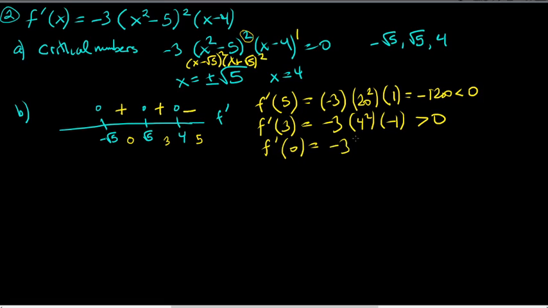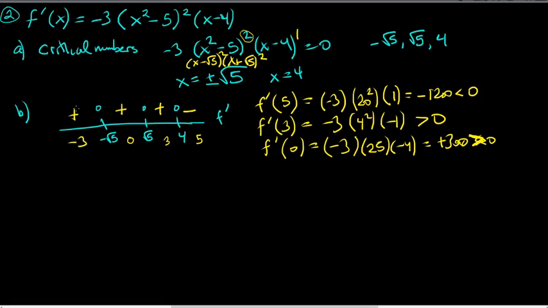But officially, it's negative 3 times 25 times negative 4. So I think that's negative 300, but it is positive, positive 300, right? So negative times a negative, it's positive 300. Oops. Sorry. Positive. And then same thing here. You plug in negative 3 and you still get a positive, right?